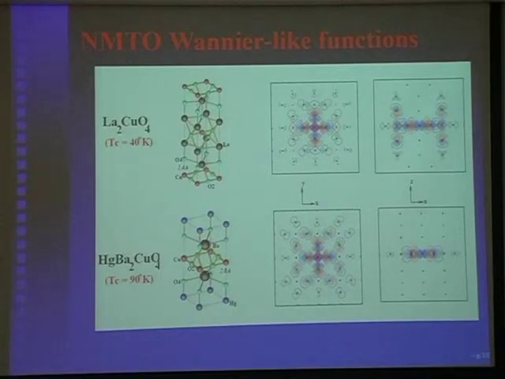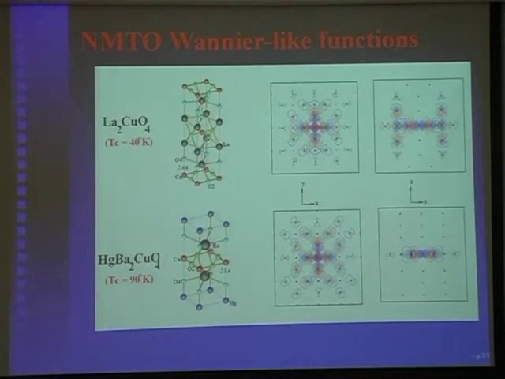What is shown here, again, is that you pick up this one band out of this jungle of bands, but now you do it for two different compounds, for the lanthanum compound and for the mercury compound. And what is shown here is this pretty picture again, but now I decided to make a projection. This one is projected to the copper oxide plane, and this is a projection in the out-of-plane direction. So the xy plane is the copper oxygen plane, and the z direction is out of the copper oxide plane. If you compare mercury with lanthanum, first of all, this is much more delocalized in plane, and this one is much more localized in plane.